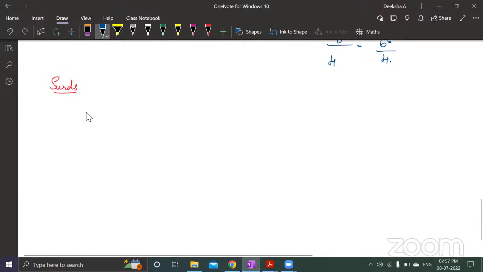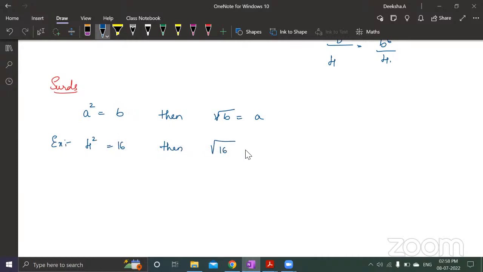Suppose a square is equal to b. If a square is equal to b, then the square root of b will be equal to a, right? So if 4 square is 16, then I'll write the square root of 16 as 4. We can write plus or minus 4, but the square root of 16 is 4.